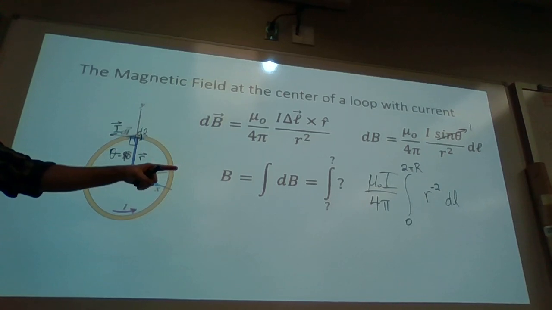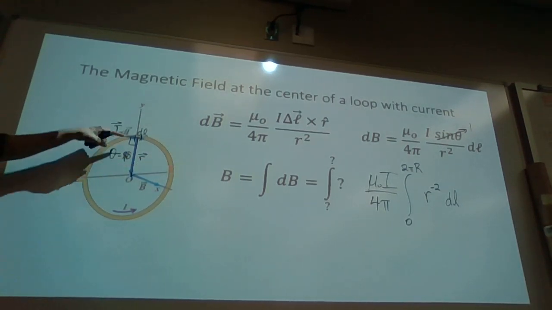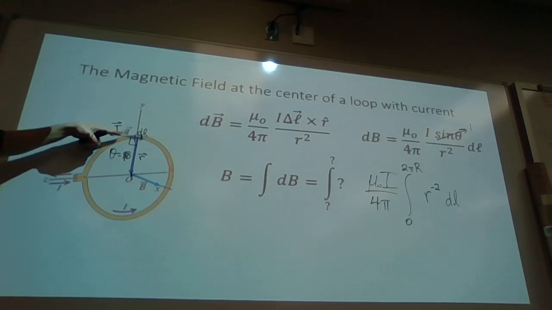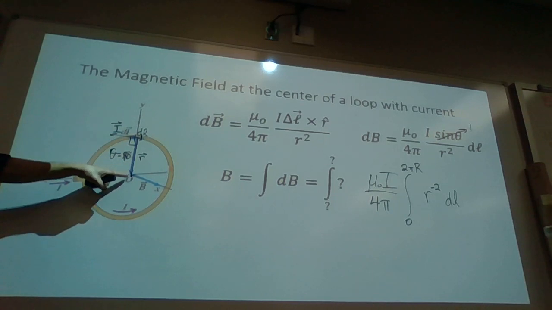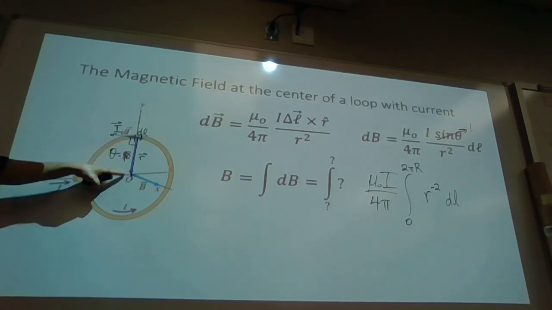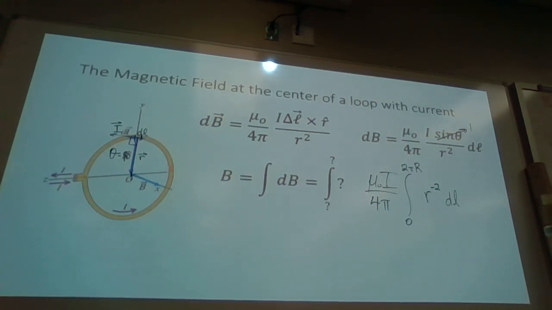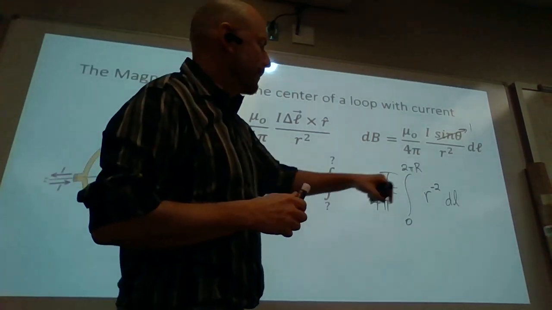Out here, it's not perpendicular. The current direction, or dL, a little chunk, is perpendicular to our radius vector. Okay. So we're integrating that.